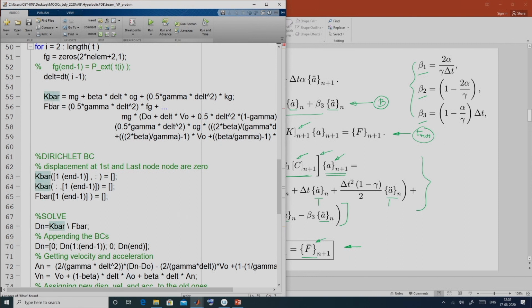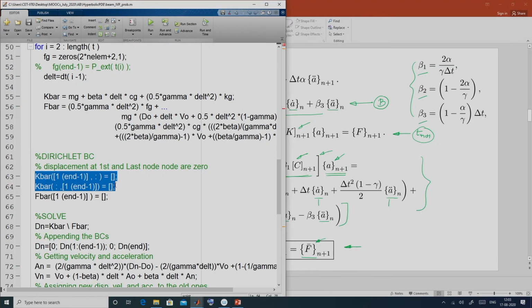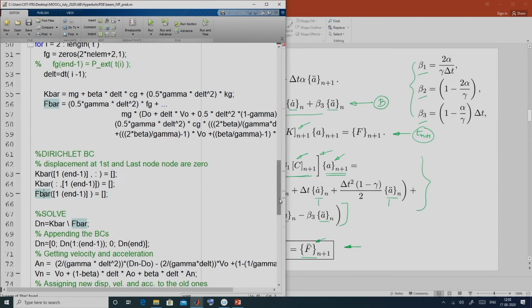Once I get the K bar and F bar, I will enforce the boundary condition. For the simply supported beam, the first DOF, which corresponds to the displacement at x equal to 0, has to be 0, and the last but one DOF has to be 0 because that represents the displacement at x equal to L. So those two rows in the stiffness matrix are deleted, and in the force vector also we have deleted the corresponding terms.